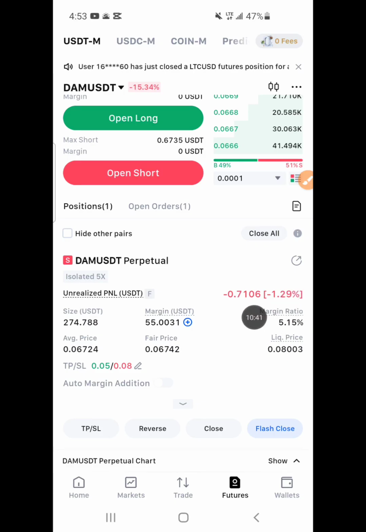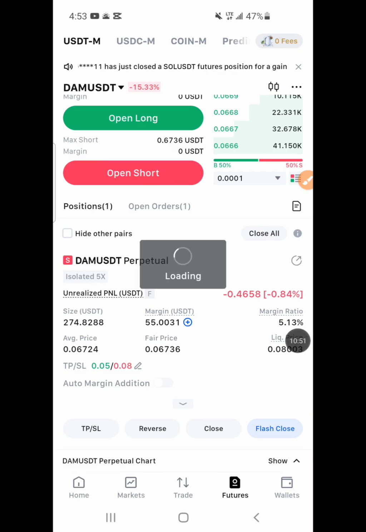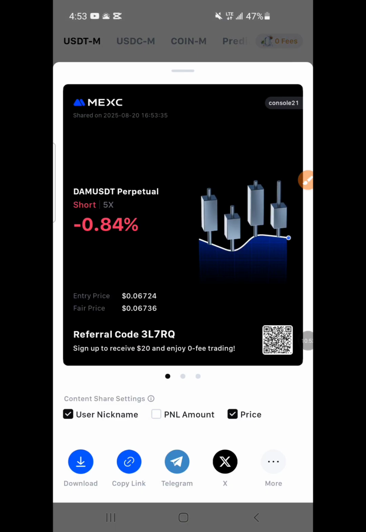This is just where you are going to be seeing what is actually happening. Now if you click here, you can actually download this. This is like a printout or a screenshot that you won a trade. So if I'm already in profit, you are going to see that I'm in plus some percentage of profit.